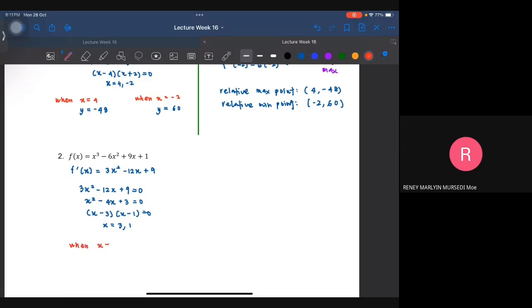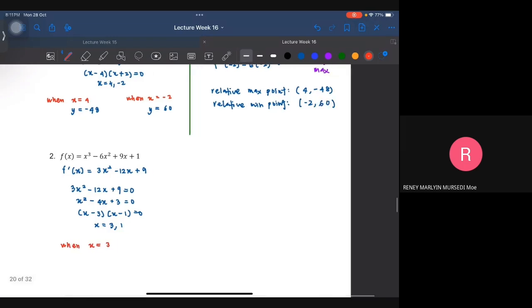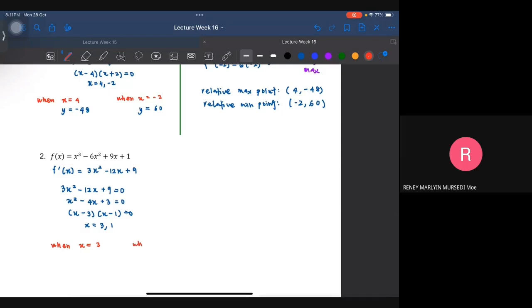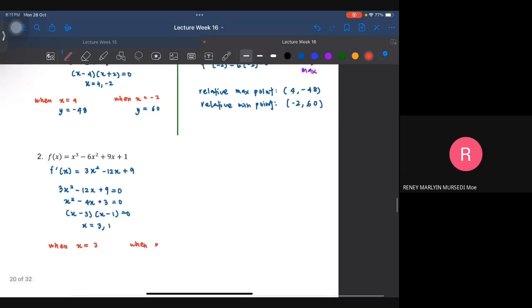So when x equal to 3, what is your y? And then when x equal to 1, what is your y? Okay, so madam dah kirakan siap-siap juga from here. So we have y equal to 1 dengan y equal to 5. Okay, settle.